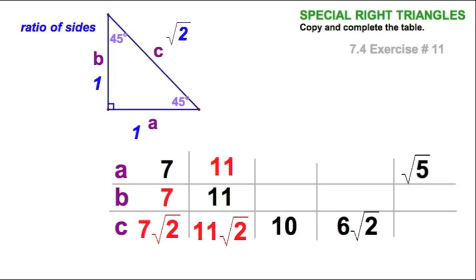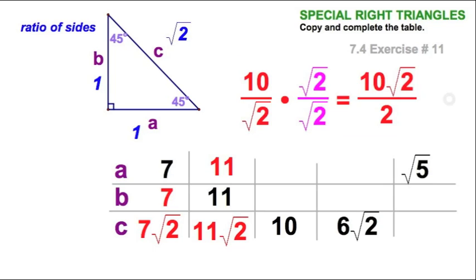Remember what we did in class. We did this exercise. The ratio is radical 2 to 1 from C to A. So instead of multiplying by radical 2, I'm dividing by radical 2. The exercise we did looked a lot like this.